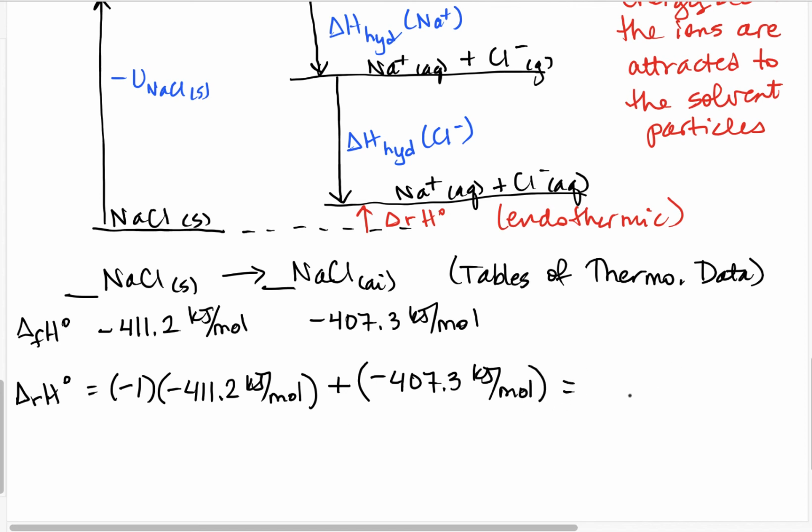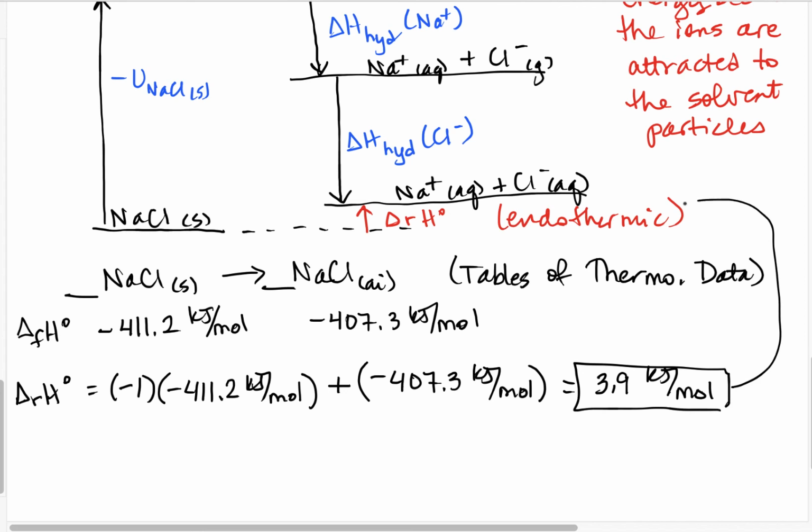So if I work this out, I get a total of 3.9 kilojoules per mole, which is indeed slightly endothermic. It requires a little bit of energy for us to dissolve sodium chloride in water.